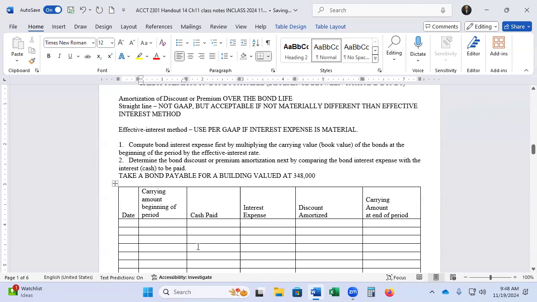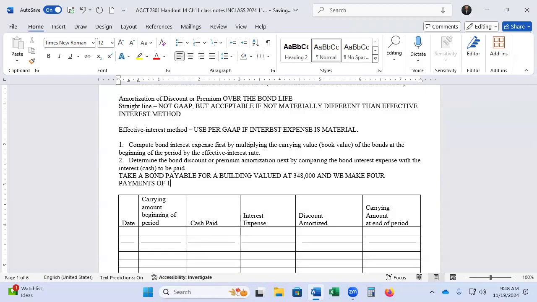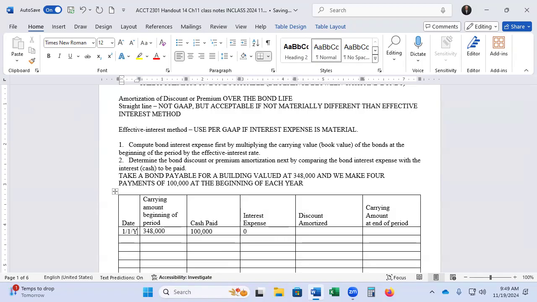So what you would do is, we make 4 payments of 100,000 at the beginning of each year. So at the beginning, our carrying amount is 348,000. We pay 100,000. We don't have any interest expense because it's on the first day, right? So this would be year one. The discount does not get amortized, and so your carrying amount at the end of the period is going to be 248,000.